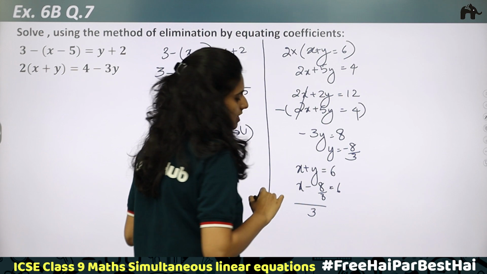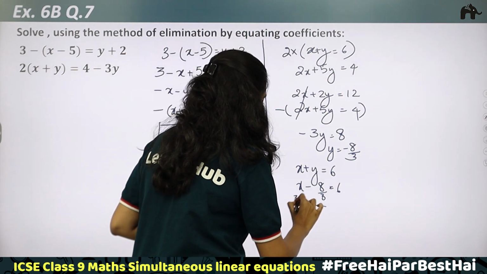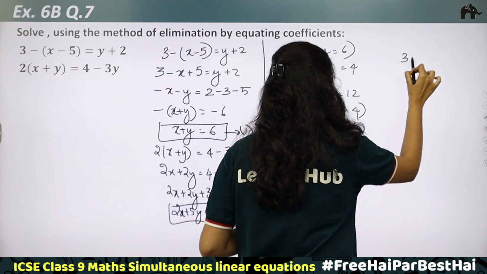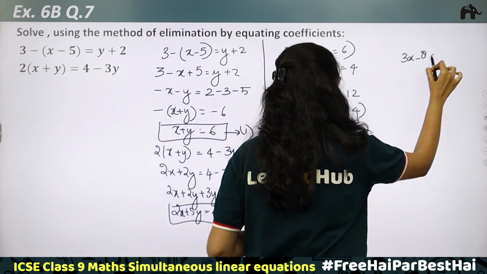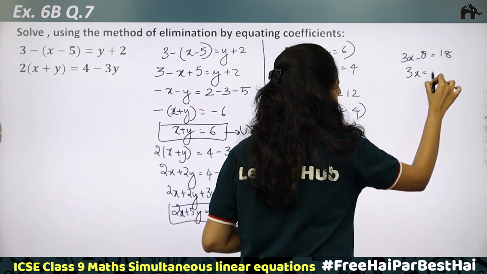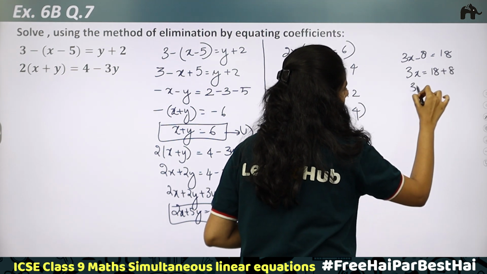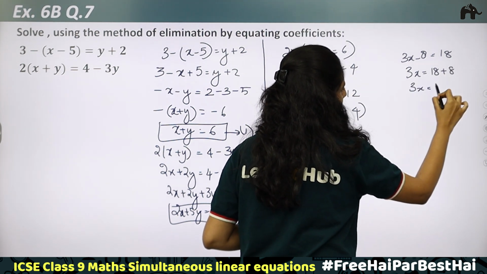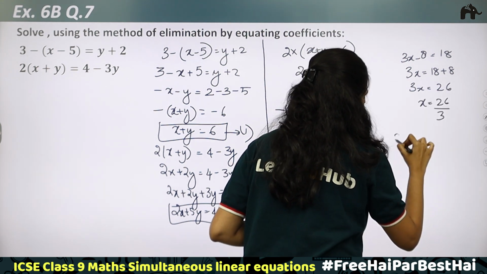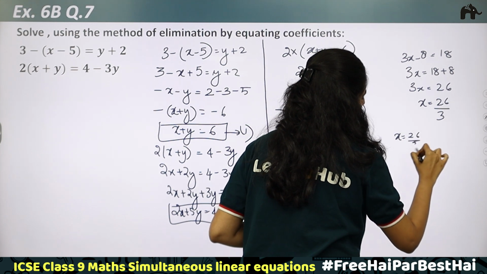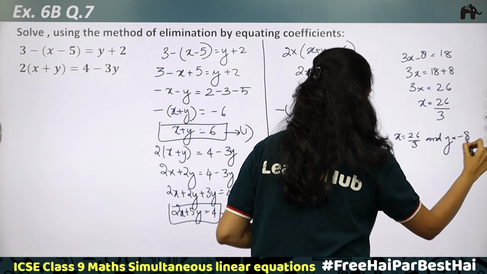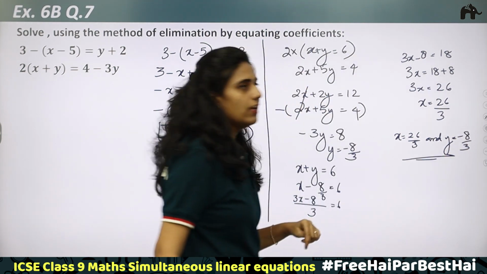So denominator we get 3, taking LCM, 3x minus 8 equal to 6 into 3, that is 18. 3x is equal to 18 plus 8. 3x is equal to 26, and x is equal to 26 divided by 3. So we got x is equal to 26 by 3 and y is equal to minus 8 divided by 3. These are the values of x and y.